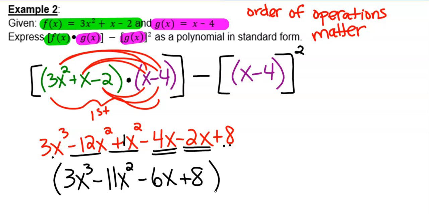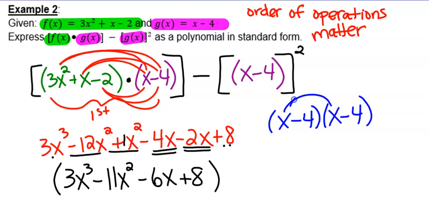All right, so what would that look like? X minus 4 squared means x minus 4 times x minus 4. So I need to multiply those two together, and I'm going to do the similar way. I'm going to double distribute.